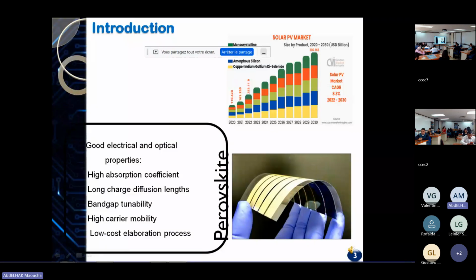However, lead-based devices raise environmental and stability concerns. Tin-based perovskites, such as formamidinium tin triiodide, are promising lead-free alternatives. The challenge, however, is the oxidation of the tin, which creates defects and reduces efficiency. To address this, we propose incorporating gold nanoparticles, which can enhance light absorption through plasmonic resonance, leading to improved current generation.